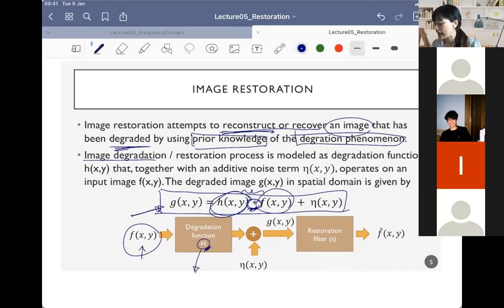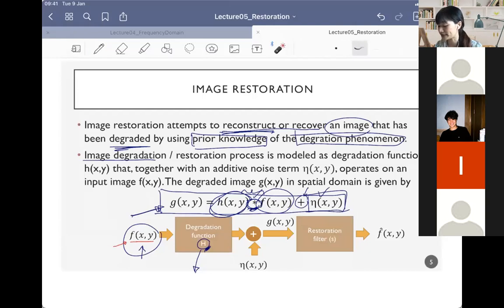And then we have some noise as well. Noise is not affected by the convolution process; it is affected only by addition. So an image can be degraded by some function through convolution, or some noise can be added to an image.